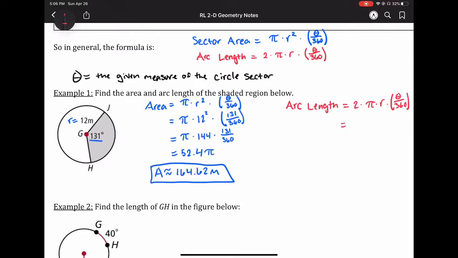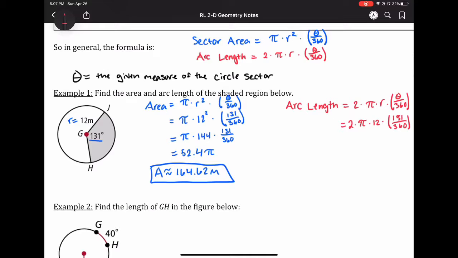So in this example, I have 2 times pi times my radius, which was 12, times that same fraction of 131 degrees over 360 degrees. I'm going to go ahead and simplify 2 times 12 times 131 over 360 all in one step.